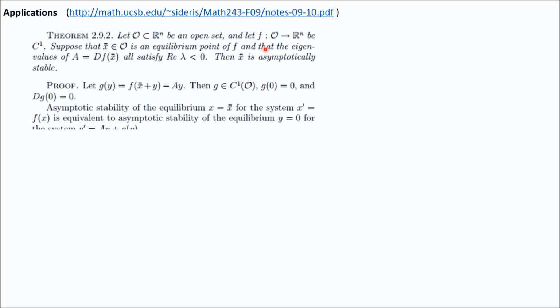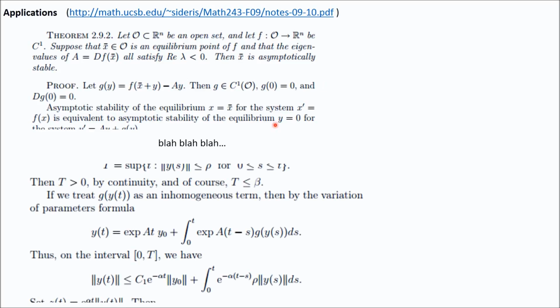So I have a reference here. I wanted to show you what variation of parameters can be used for. First of all, it comes up in some theoretical contexts. Basically, this is a theorem about equilibrium points for differential equations. It's about stability.